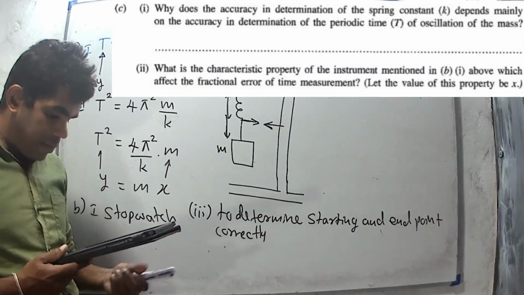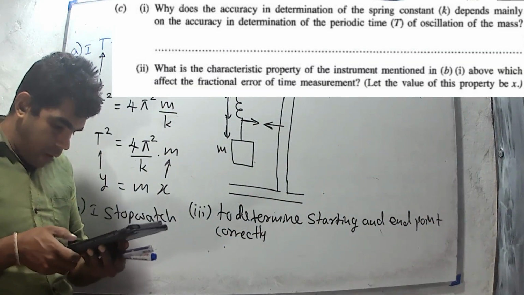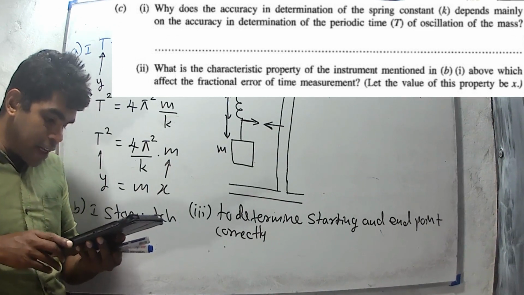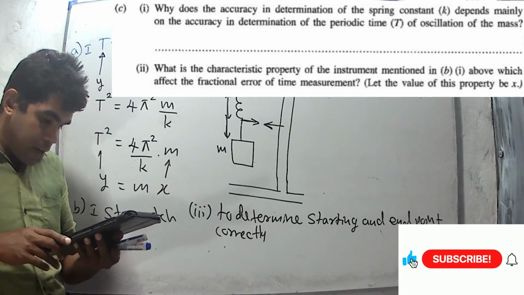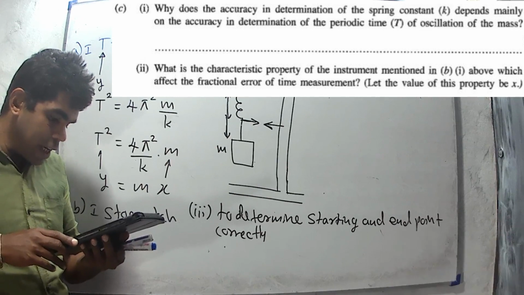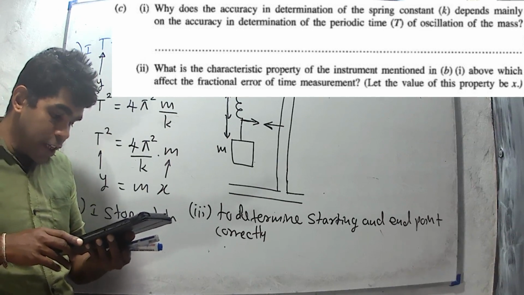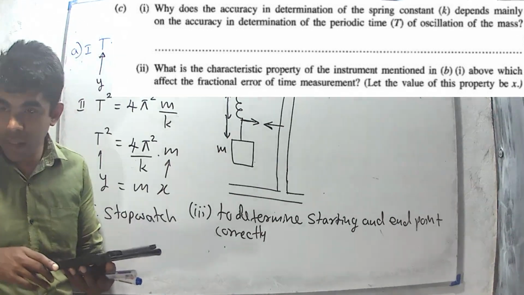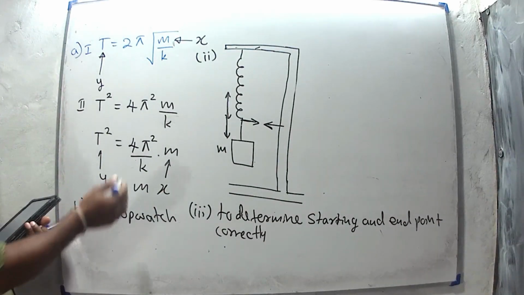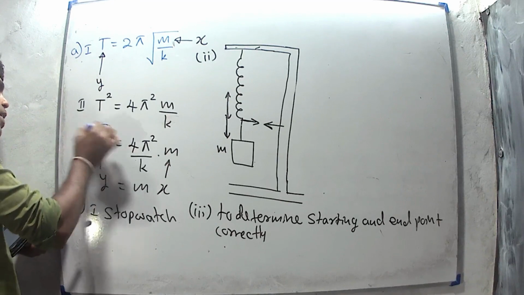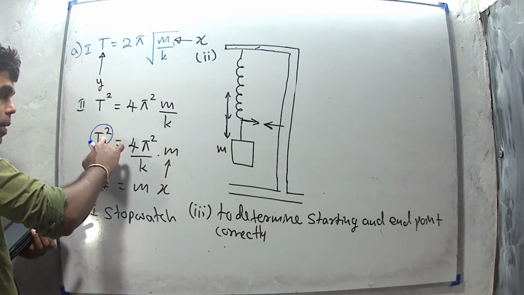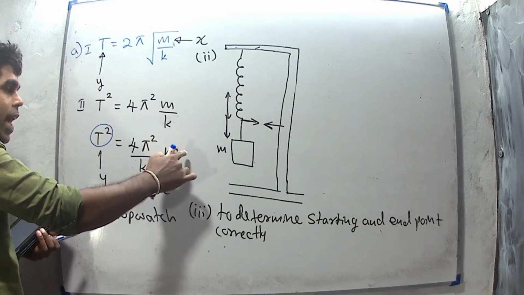Then part C. Why does the accuracy in determination of the spring constant depend mainly on the accuracy in determination of the periodic time of oscillation of the mass? We can see the equation. In the equation, there is a square term for T. Then the power of T is greater than the power of m.